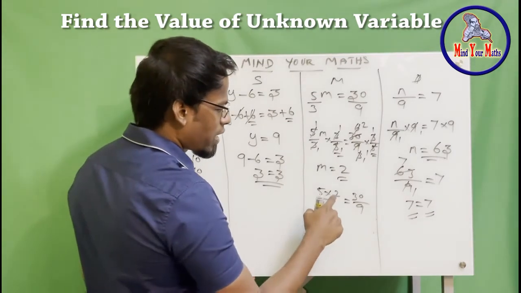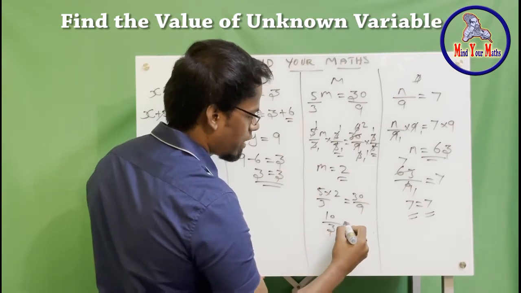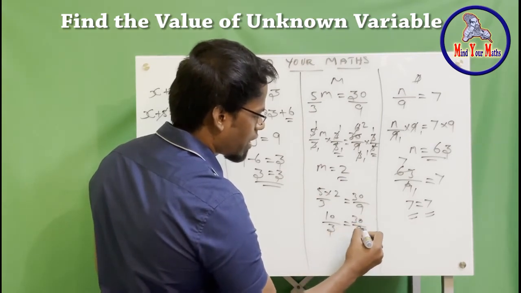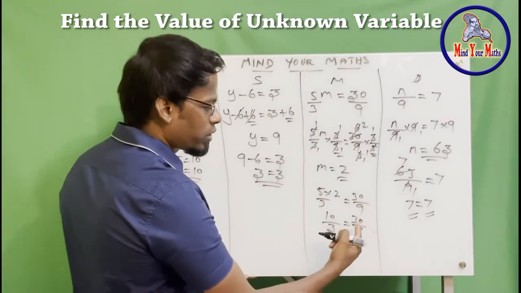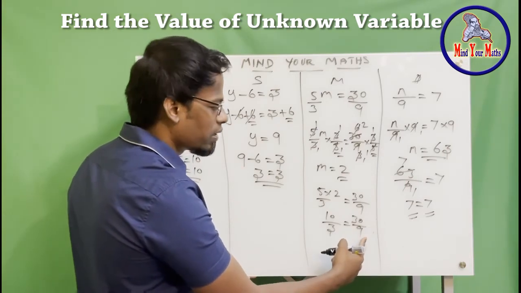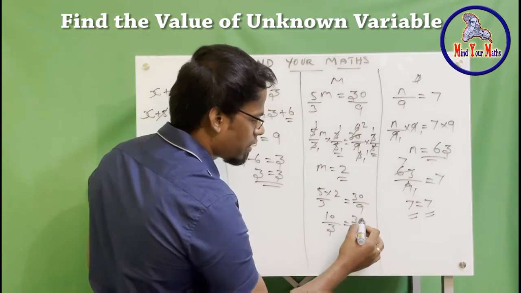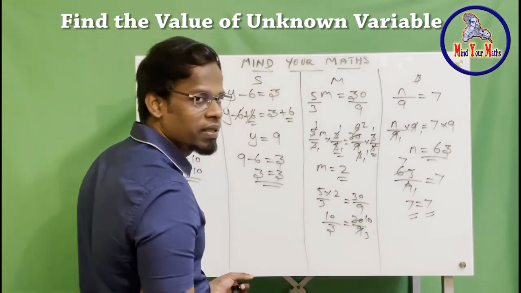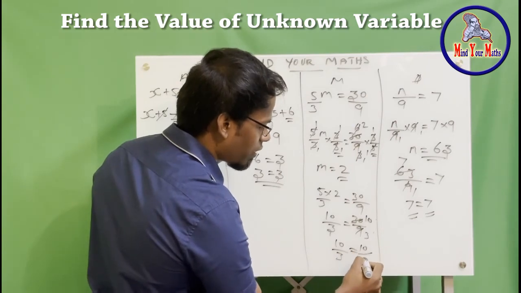Now you see here, 5 times 2 is what? 10. 10 over 3 is equal to 30 over 9. How do we know if it is equal? Yes, you see here, these two numbers can be divided by 3. So if you divide, this one becomes 3 times 3, this one becomes 10 times 3, right? So 10 over 3 is equal to 10 over 3.